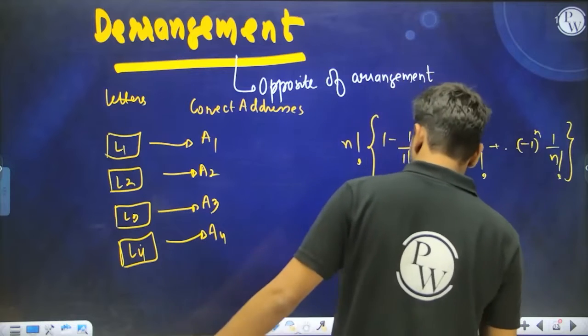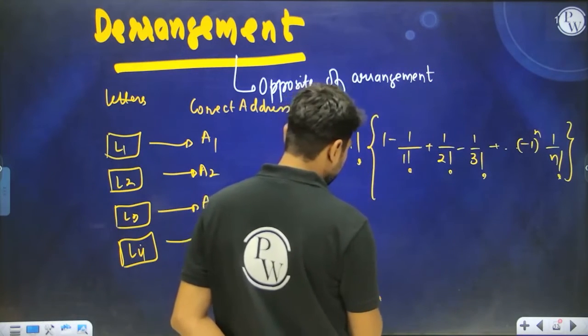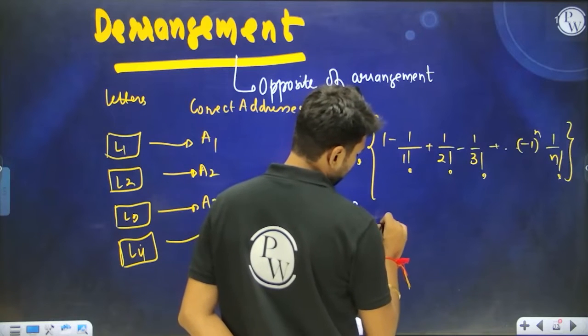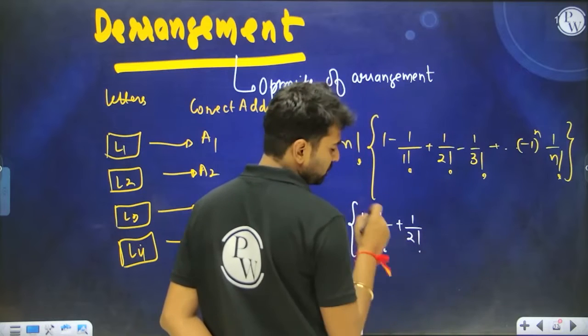So over here, if 4 letters are given to me and all of them are going to wrong places, then the number of ways that can be done will be like this. These are the alternate plus and minus signs that do come.